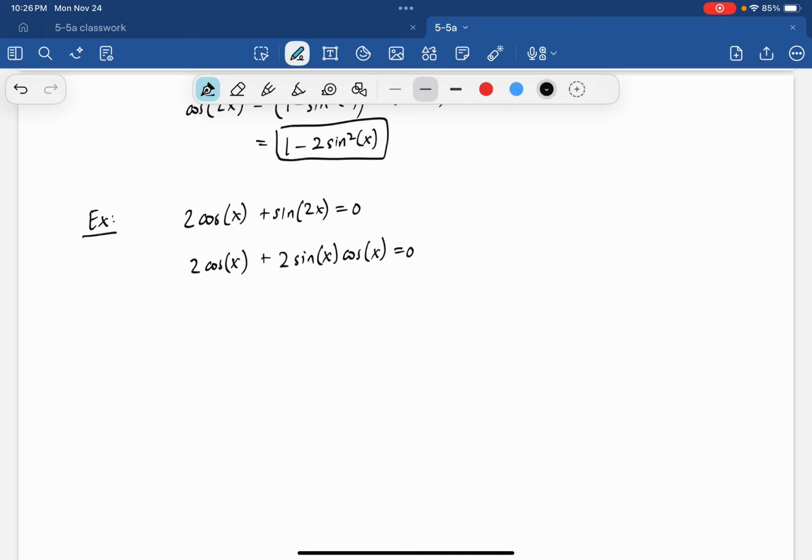Okay, now the next step is we can factor this actually. And that's always something we want to do when we have an equation that equals 0. We want to factor because after factoring, we'll know that in order for that entire equation to equal 0, that means at least one of those factors has to equal 0. And so that'll give us x. So in this case, we can factor out a factor of 2 cosine x from both terms.